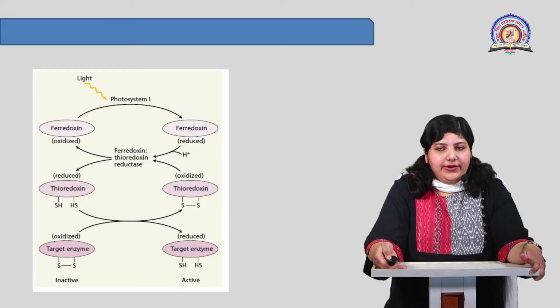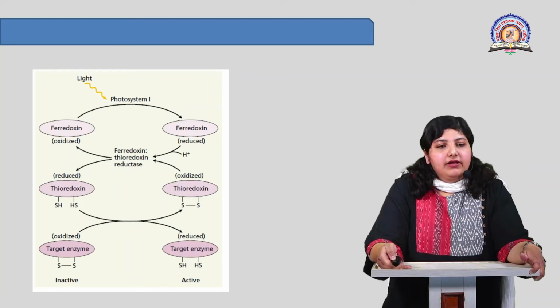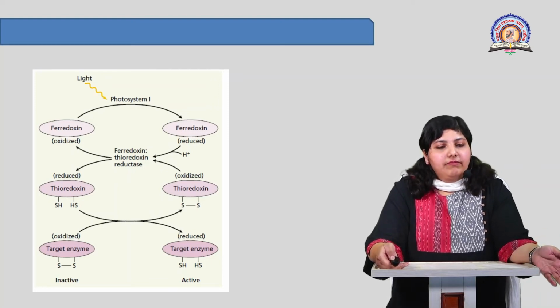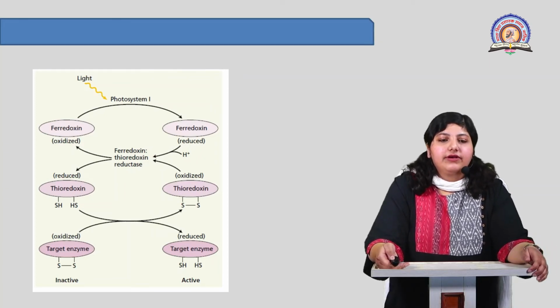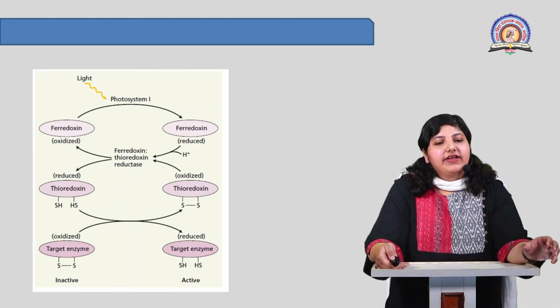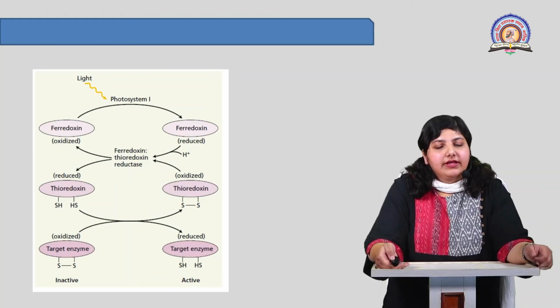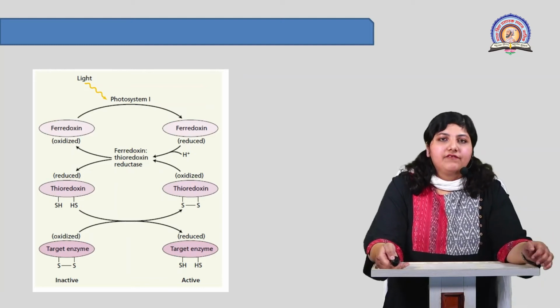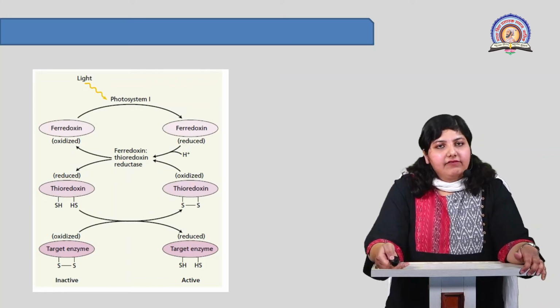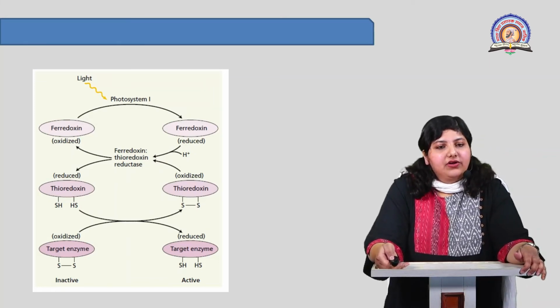This oxidized thioredoxin, with the help of ferredoxin thioredoxin reductase, forms reduced thioredoxin, and this activated reduced thioredoxin then targets the different enzymes of the Calvin cycle which we have seen, and those which were in inactive form get activated. And how are they activated? Because the disulfide group is reduced to the sulfhydryl stage. So remember that whenever the reduced form of enzymes is present, they are the active form of the enzymes. So in this way, the other 4 enzymes are activated by the ferredoxin thioredoxin system.